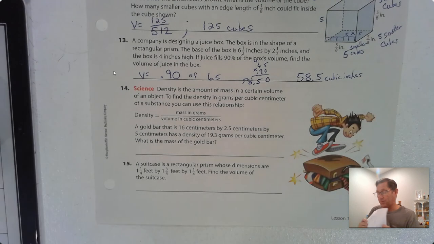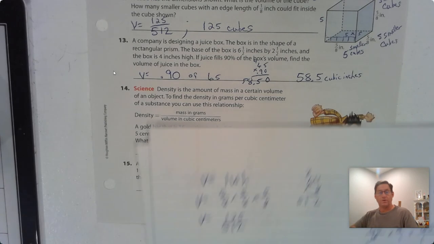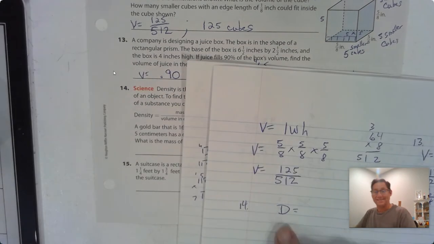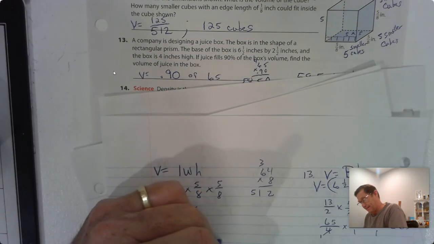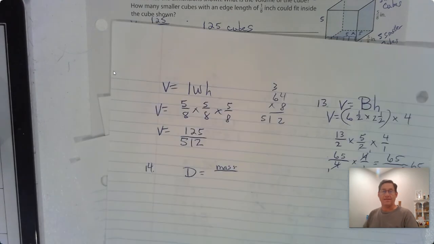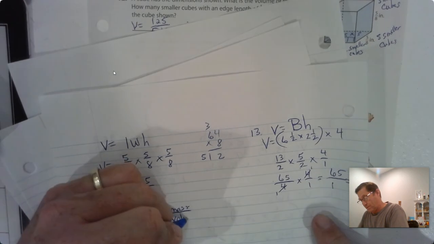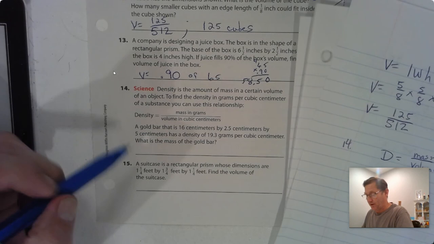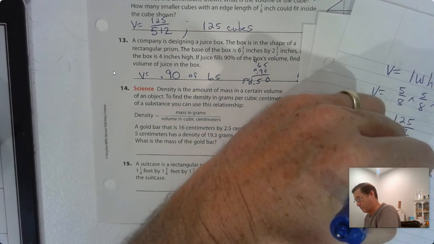All right, so let's look at this formula. So I'm going to go ahead and use abbreviations for the formula, where D is the density, equals the mass over the volume. All right, so in our problem, they tell us that the density is 19.3.